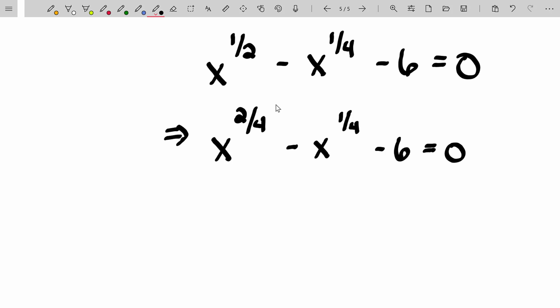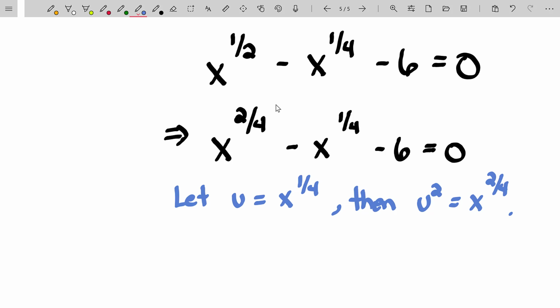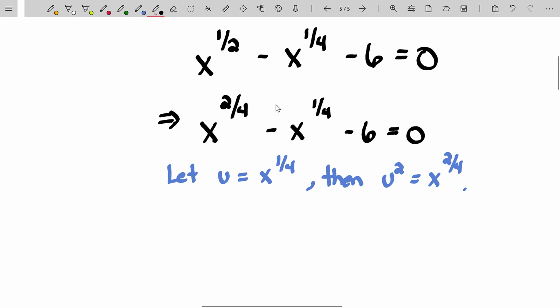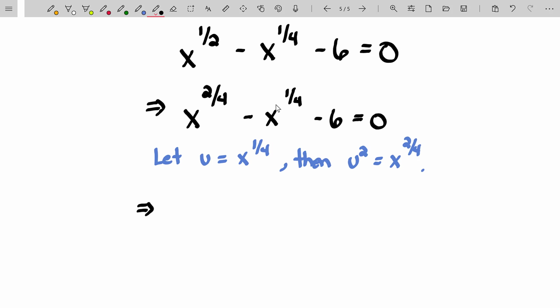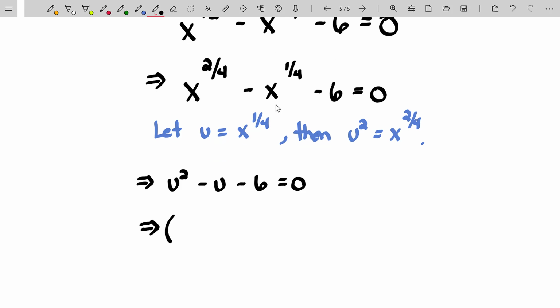You can do something called a U substitution if you want to. It becomes incredibly helpful to use U substitutions as you move forward in mathematics, specifically in calculus. So if you let U equal x to the 1/4, then U squared is equal to x to the 2/4, which will imply that our given equation there can be rewritten as U squared minus U minus 6, which is totally factorable.